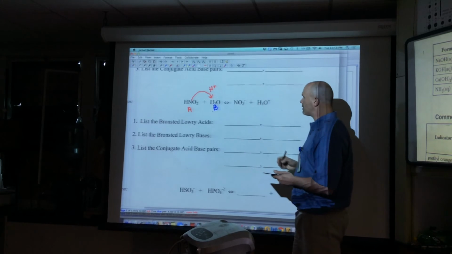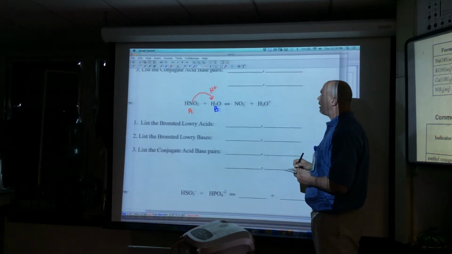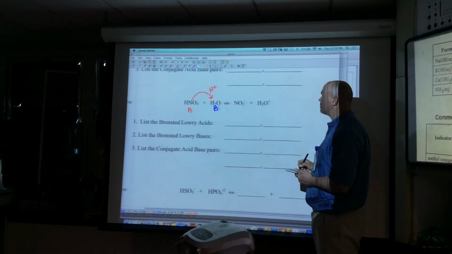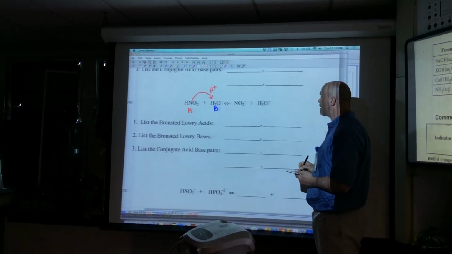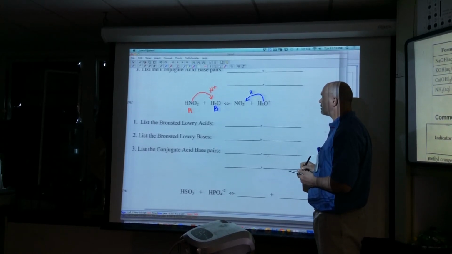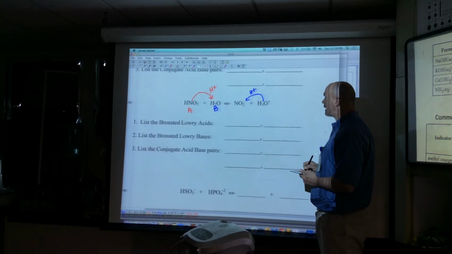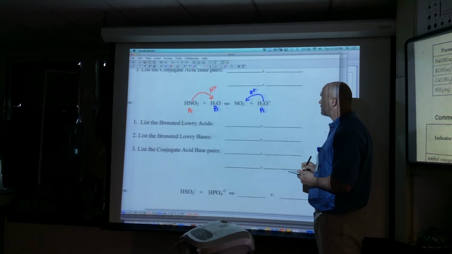Now, in the reverse, H3O plus becomes H2O. It has one less H. So where is the donation of the proton in the reverse? Does NO2 minus have any to give off? No, so it must be that the H3O plus is giving off an H plus. This is acting as the acid, and this is accepting as the base.